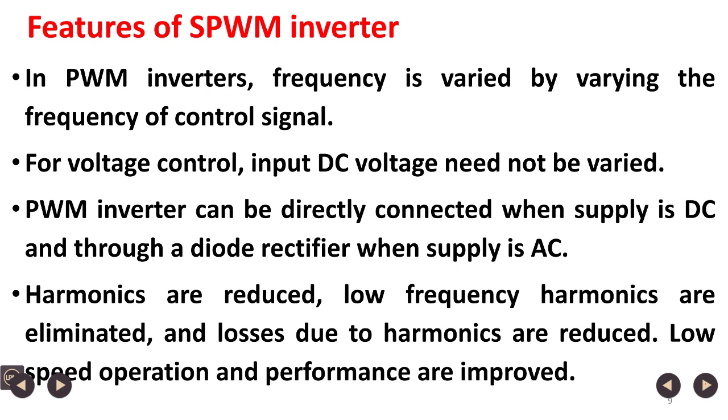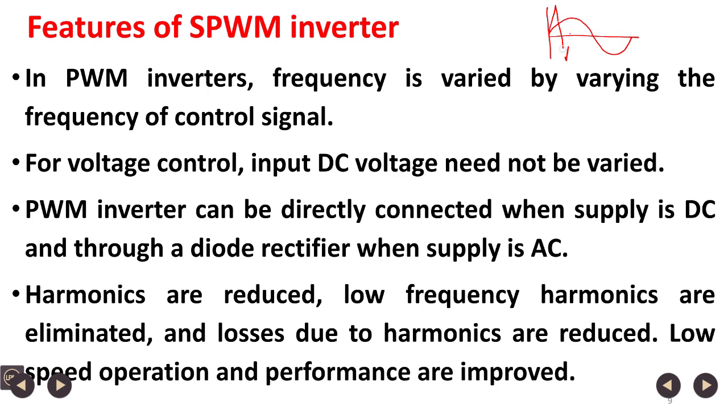Then features of the sinusoidal PWM inverter. In a sinusoidal PWM inverter, a sinusoidal reference signal or modulating signal is compared with a triangular carrier signal. Like you can see, this is the reference signal or modulating signal.